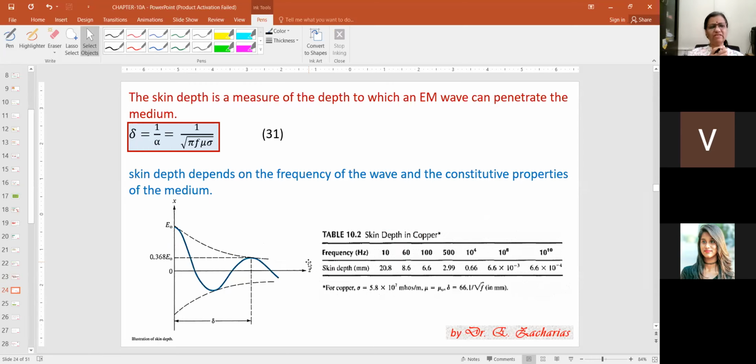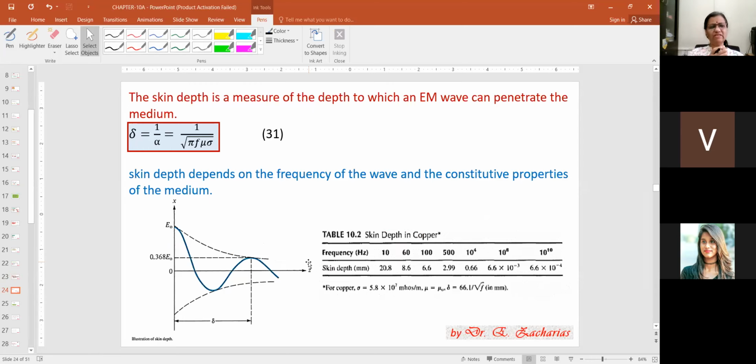We already have the expression for alpha for a conductor, so just substitute that here. Look at this beautiful thing you are getting: delta is proportional to 1 by root f.